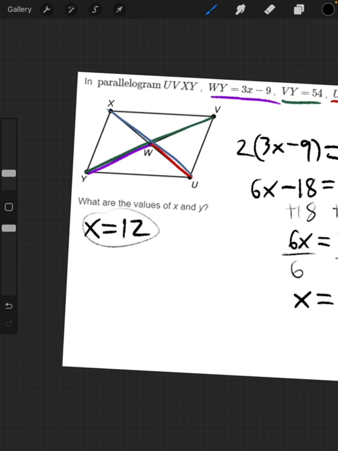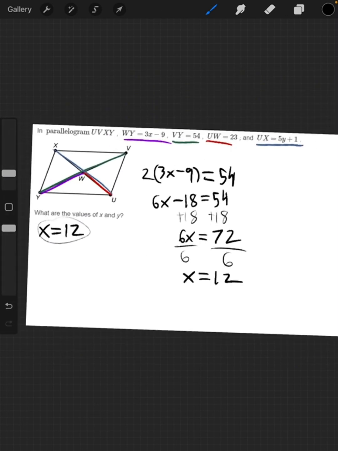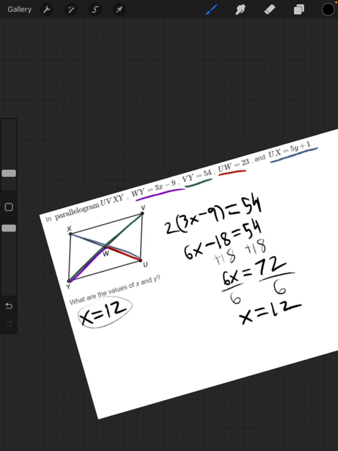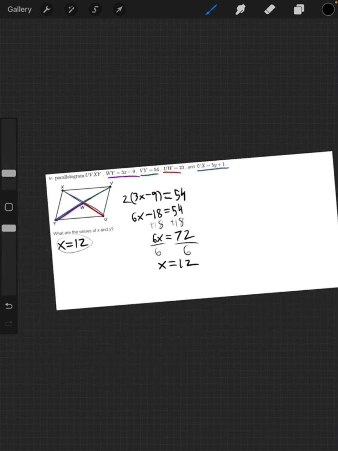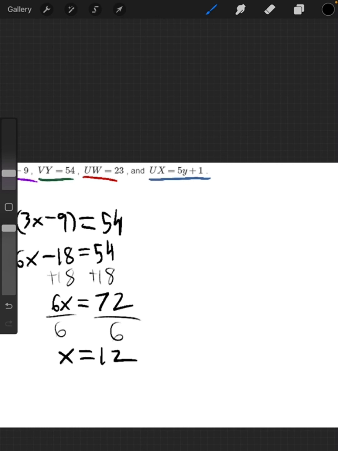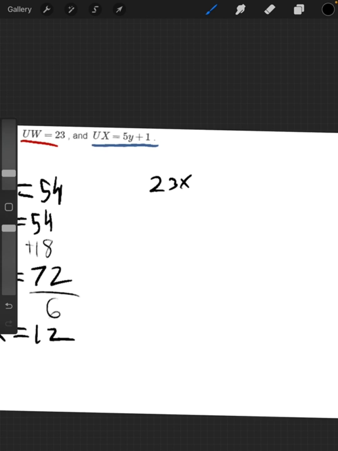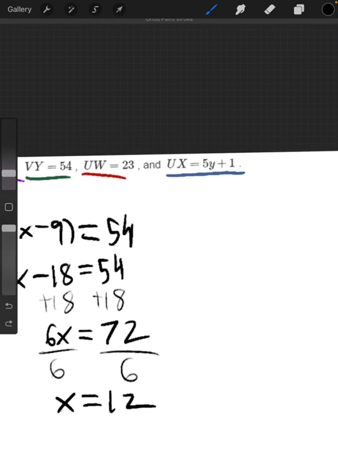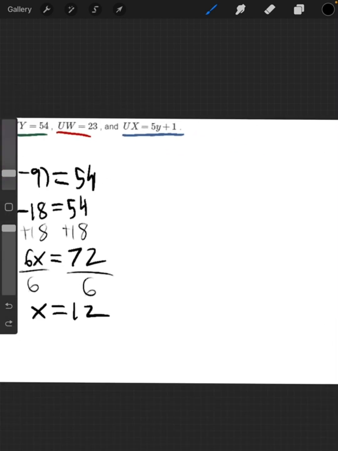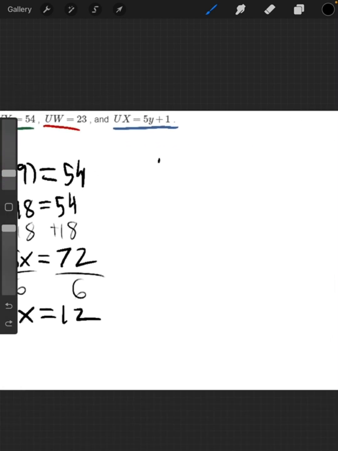And now we need to find y. So UX is that whole thing, and then UW is half of that. So let's multiply 23 by 2, which would get us to 46 equals 5y plus 1.